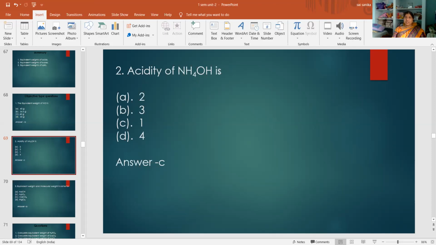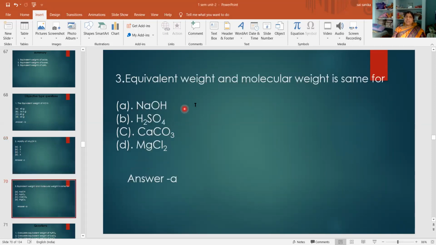When you write the splitting, that many OH minus ions can be replaced. So what is the acidity of NH4OH? It is 1, so the answer is C. It can replace only 1 OH minus ion.